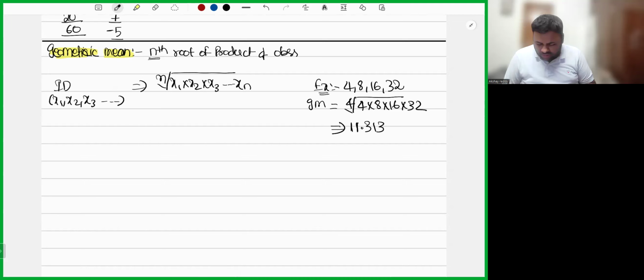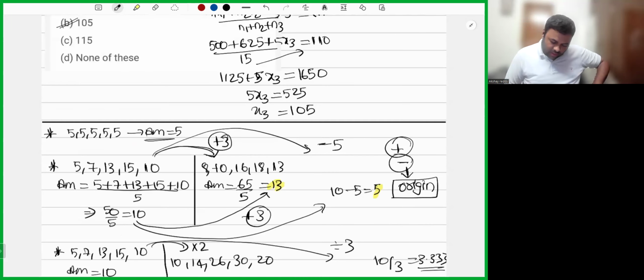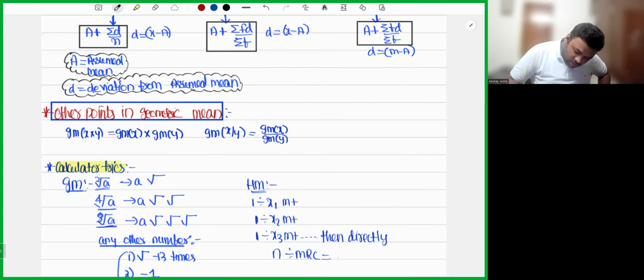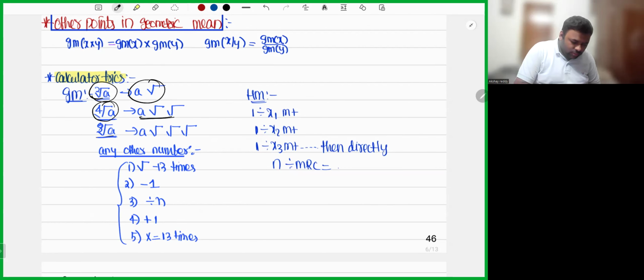This is not that important for examination, but just for students' curiosity. If it is the 2nd root of a, you'll press the root once. If it is the 4th root of a, you'll press the root symbol 2 times. For example, I am having the 4th root of 625.